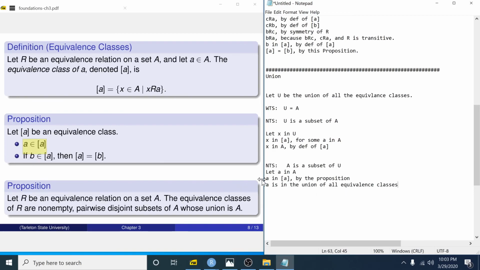So because a is in this equivalence class bracket a, it follows that it's also in the union of all the equivalence classes, and therefore a is in U. And so we've also shown that if we let a be in A, then a is in U, and therefore that shows that this thing is true. So we're basically done with this proof now. We've shown that U is a subset of A and A is a subset of U, and therefore we have established that U is equal to A. And that's what our goal was.